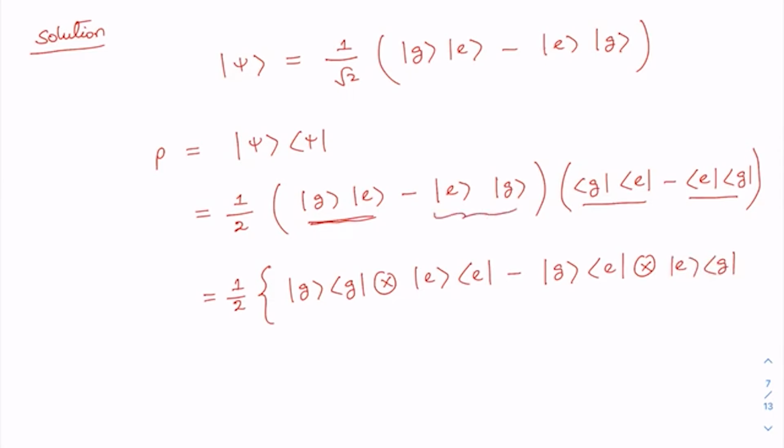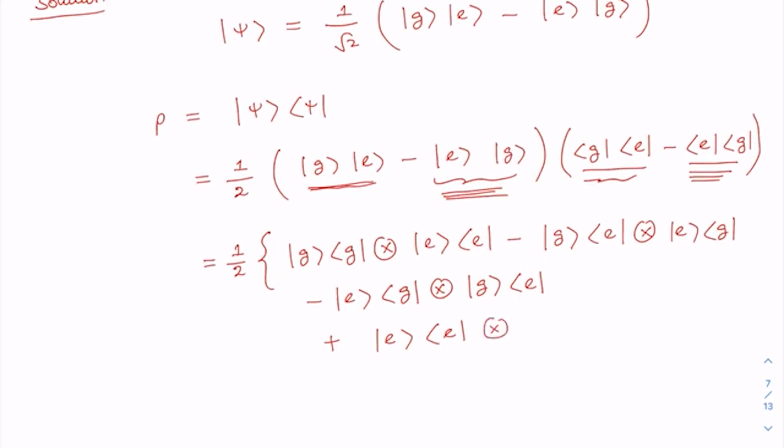Then let me take this one with this one, so I'll have minus |e⟩⟨z| tensor product with |z⟩⟨e|, and finally this one with this one will give me plus |e⟩⟨e| tensor product with |z⟩⟨z|. Okay, so this is what we have.